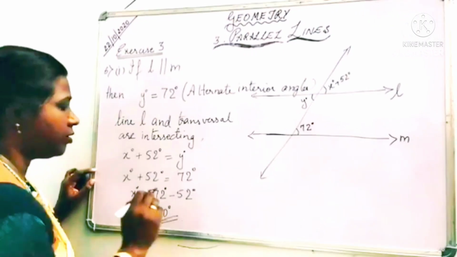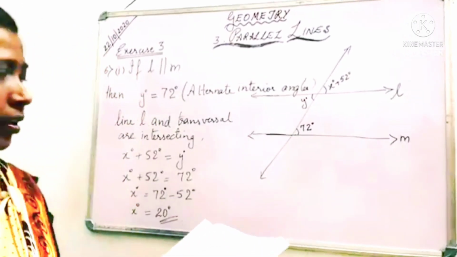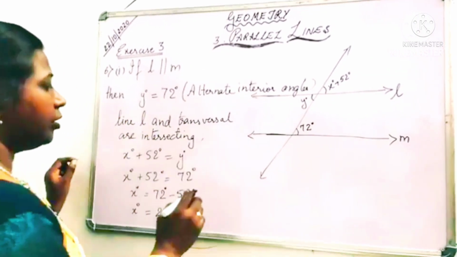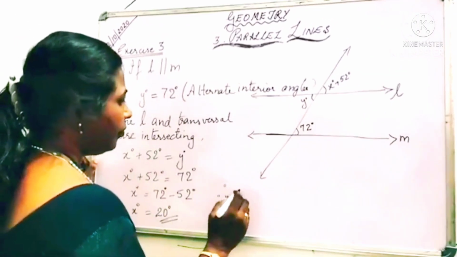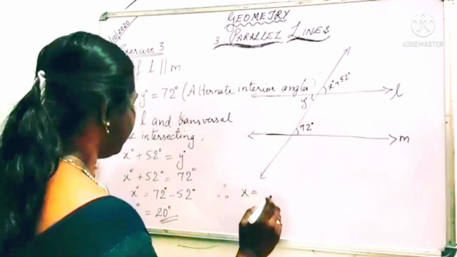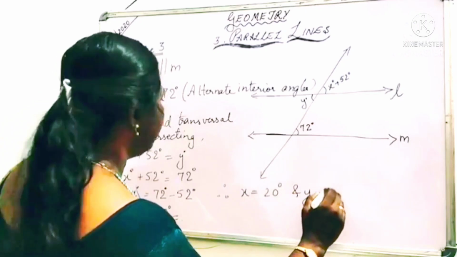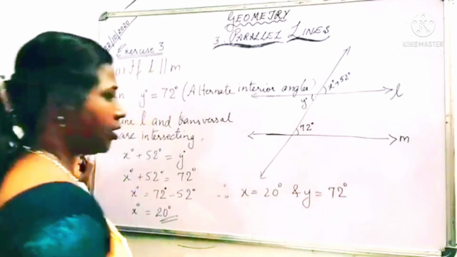This is the answer. Now here we have to find out the value of x and y. x we got, therefore x is equal to 20 degree and y is equal to 72 degree respectively.